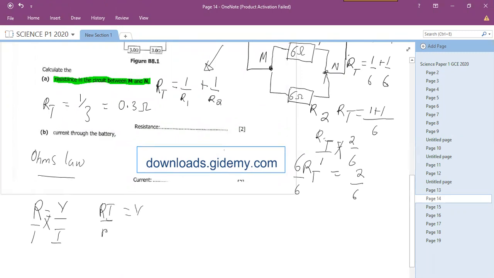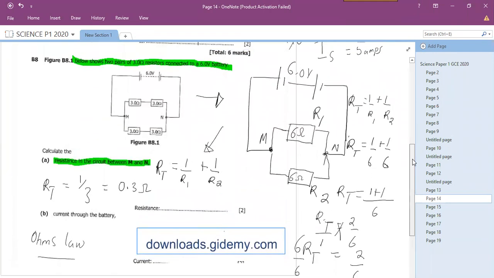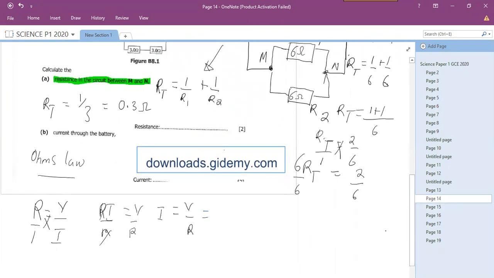We divide both sides by R, that cancels, and our current will be equivalent to voltage over resistance. The voltage is directly on the circuit diagram at the battery here. That's the voltage that we're going to use. So we just say 6 volts.